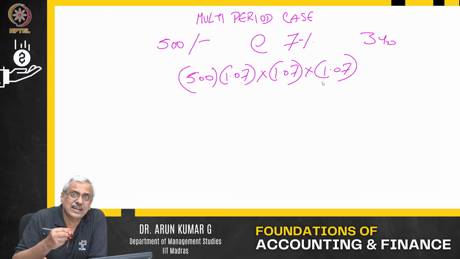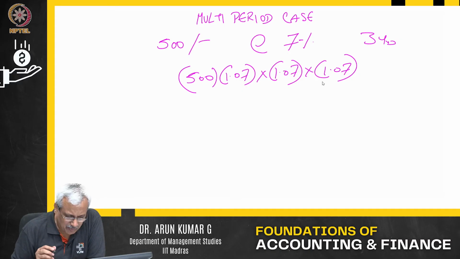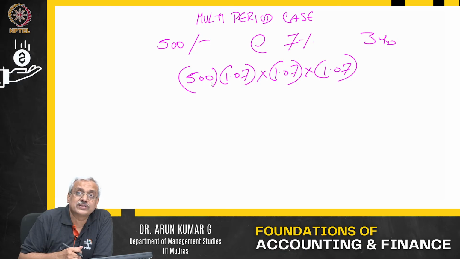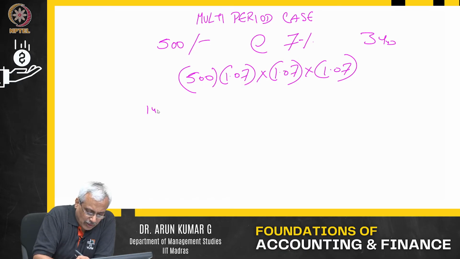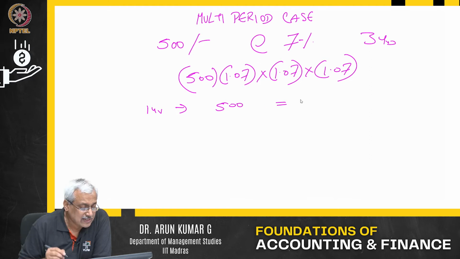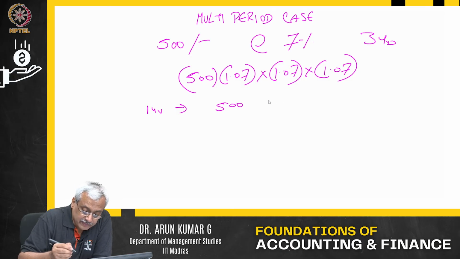So what is happening? Your return is getting compounded. How is your return getting compounded? Let us see. In the first year, I earn 7% interest. So in year 1, my investment is 500. Earnings, what I am going to get, is 7% of 500. What is 7% of 500, Suhail? 35.